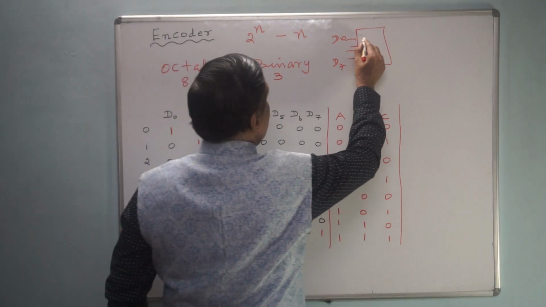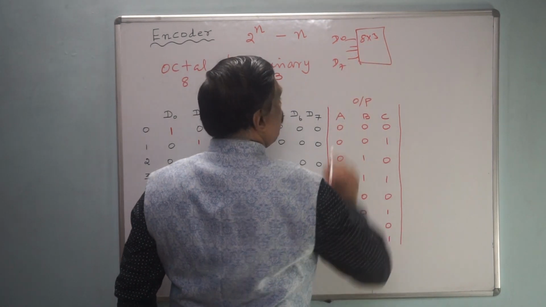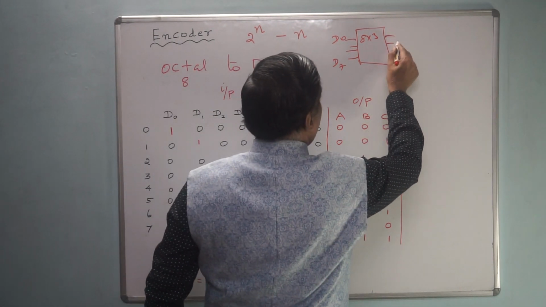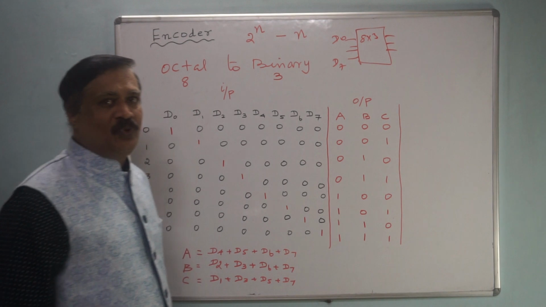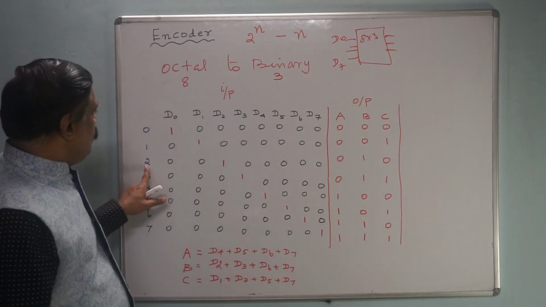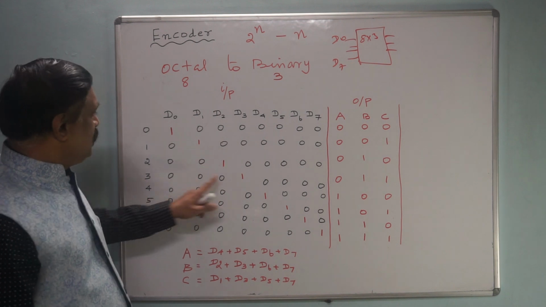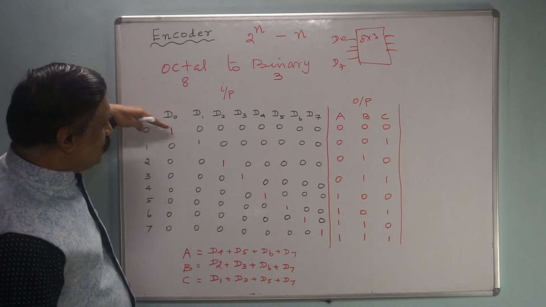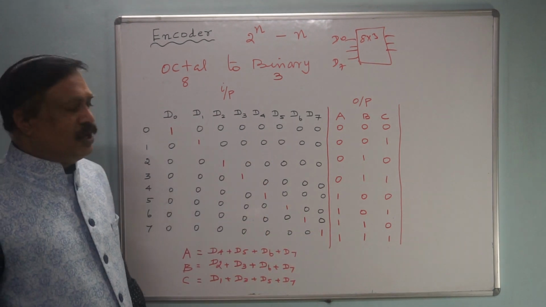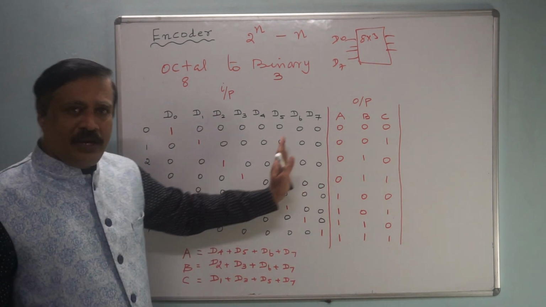Now this is an 8 by 3 encoder, octal to binary encoder, and here 3 outputs will be there. This is the simple block diagram. Now for 2 this will be the input and for 3 this will be the input. That means the inputs are diagonal, all others are 0. Now the output will be the equivalent binary.